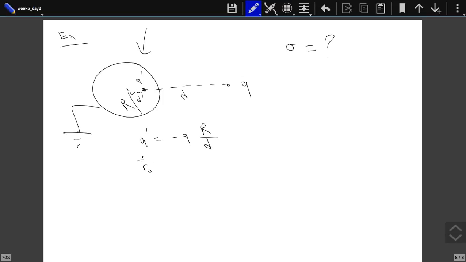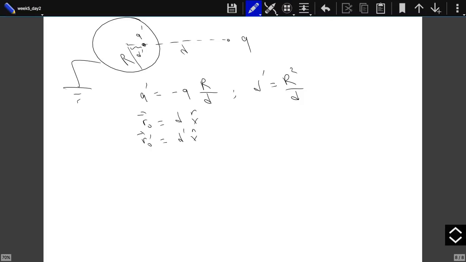Let me define the R0 vector to be D in the x hat direction. This I choose as my x direction. R0 prime vector is at the D prime x hat direction. And again, D prime is nothing but R squared over D. Now this is what we had derived yesterday.